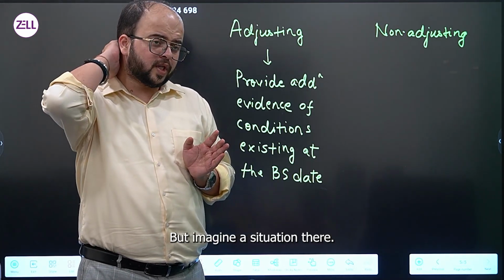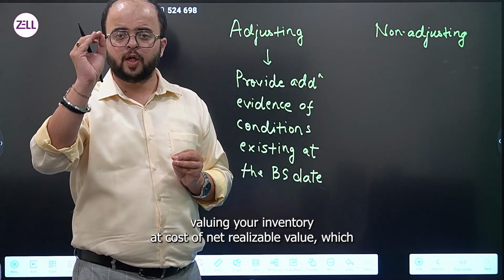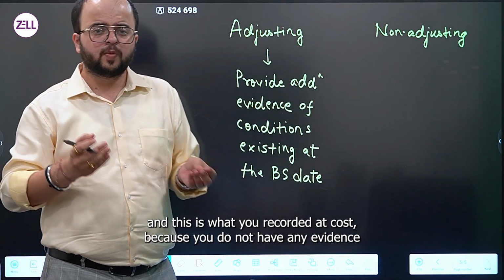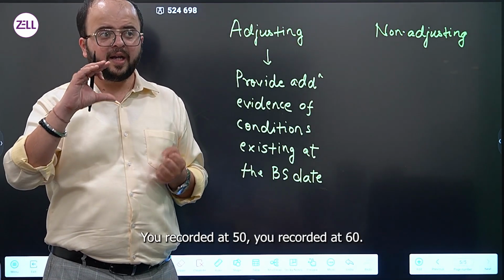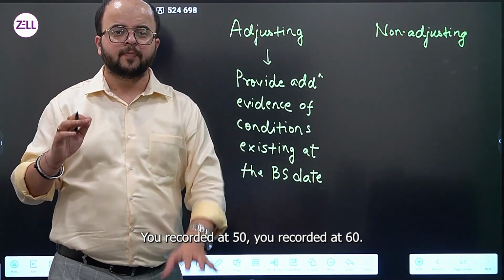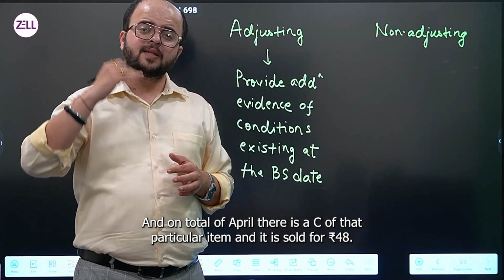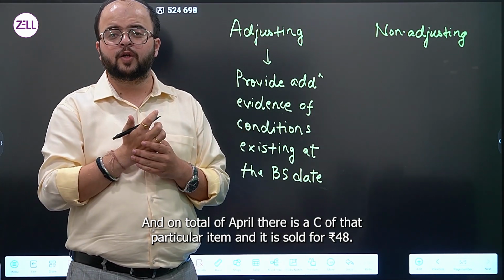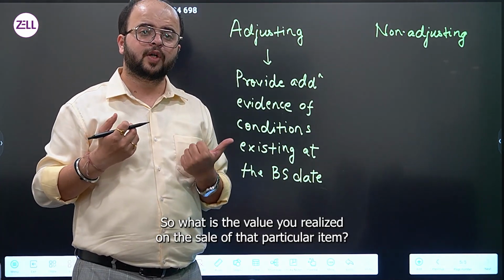But imagine a situation where you are valuing your inventory at cost or net realizable value, whichever is lower. You record it at cost because you do not have any evidence of net realizable value. You record it at 50, and on 3rd of April, there is a sale of that particular item and it is sold for 48 rupees. So, what is the value you realized on the sale of that particular item?